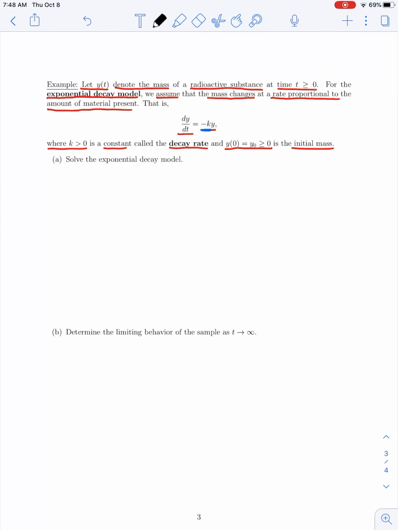Using separation of variables, I could rewrite my differential equation as dy over y is equal to negative k dt. And then integrating on both sides, we would have the natural log of absolute value y is equal to negative kt plus some constant c.